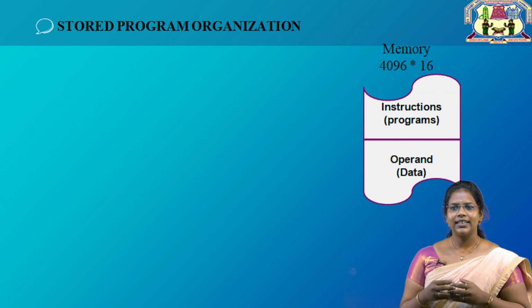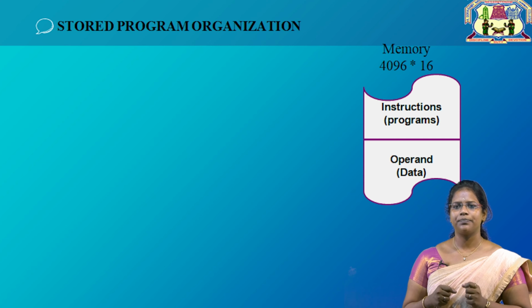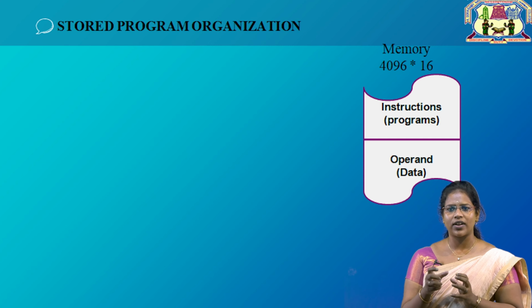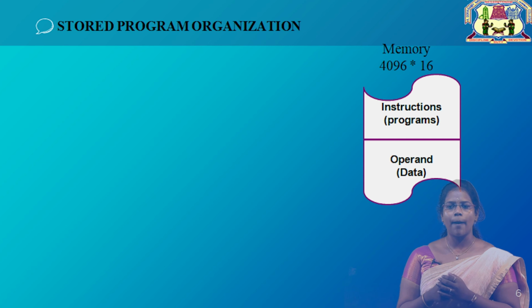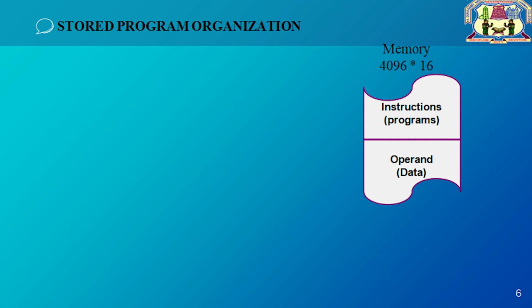Now let us see how they are organized in the memory. Say, for example, for a general design of a computer, we would take a memory size of 4096 cross 16. That means the memory contains 4096 words of 16 bits each. This memory is logically divided into many parts, but in our system we are considering 2 parts.